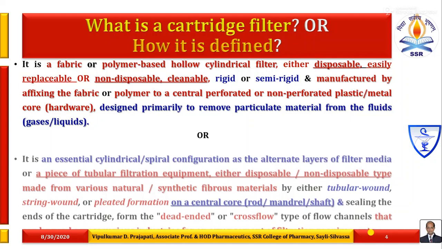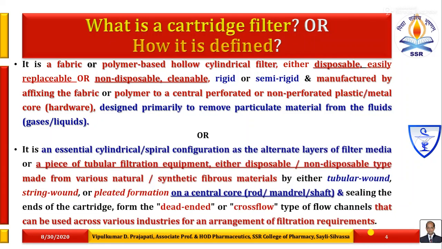In another way, it is defined as an essentially cylindrical or spiral configuration of alternate layers of filter media, or a piece of tubular filtration equipment, either disposable or non-disposable type, made from various natural or synthetic fibrous materials by either tubular wound, string wound or pleated formation on a central core, meaning rod or mandrel or shaft, and sealing the ends of the cartridge forms the dead-ended or cross-flow type of flow channels that can be used across various industries for an arrangement of filtration requirement.